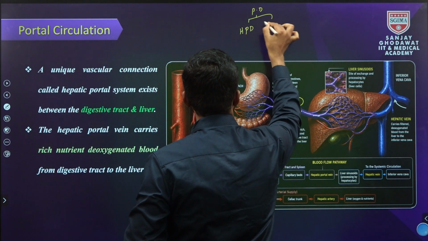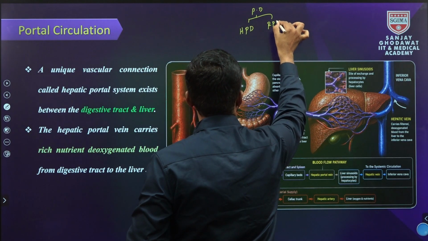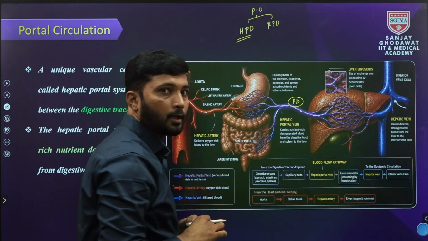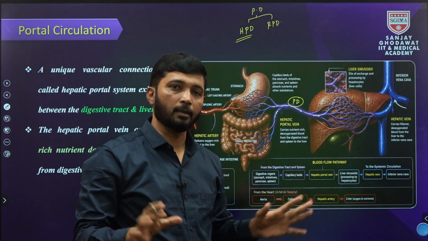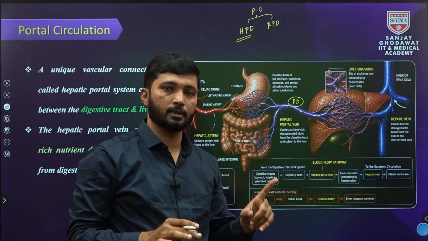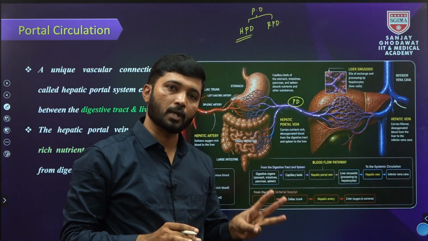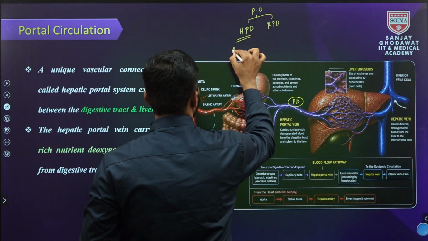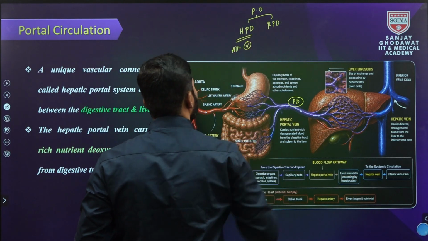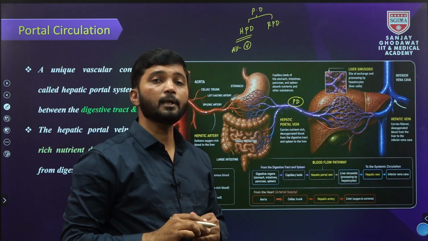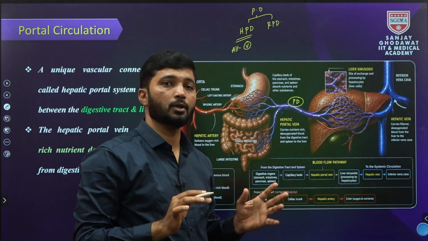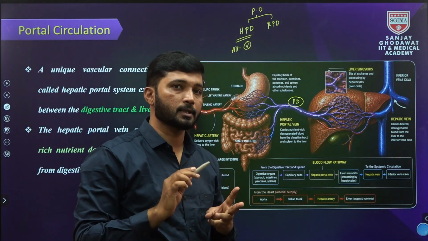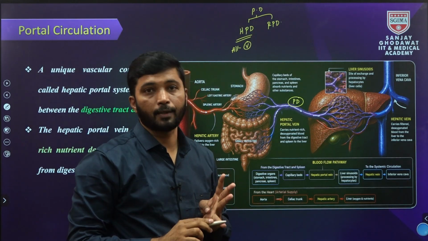Hepatic portal ducts are present in all vertebrates: fishes, amphibians, reptiles, aves, and mammals, including humans. Whereas renal portal ducts are present in lower vertebrates like fishes, amphibians, reptiles, and aves.